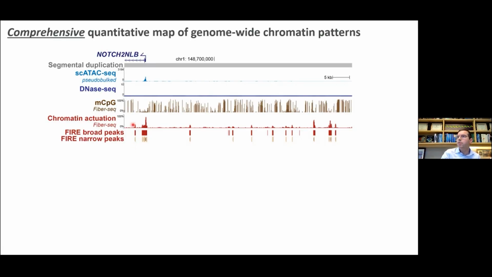And what we can see now doing Fiber-seq is that we can appreciate that there's a rich landscape of regulatory elements that are likely regulating this Notch2NL-B gene that were previously hidden due to mapping issues with short read-based approaches. And this is not unique.